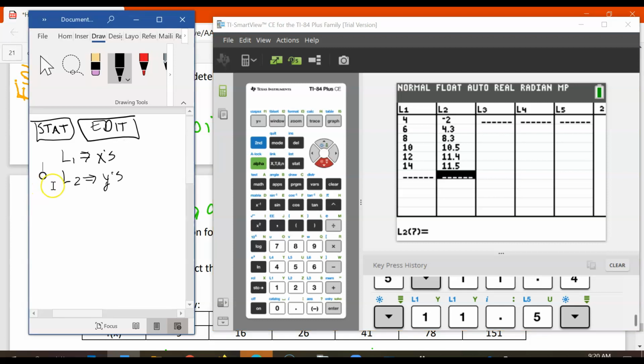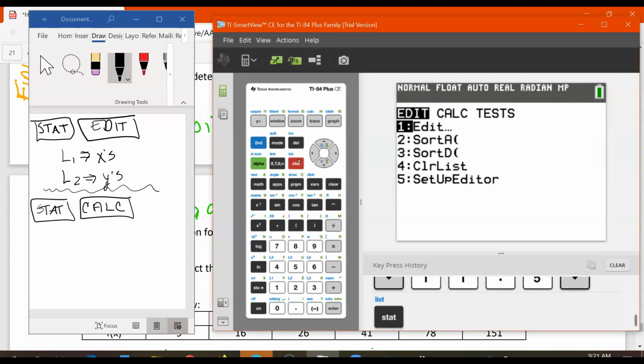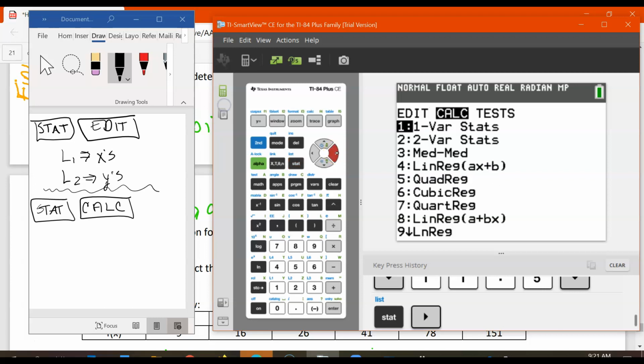So we did that. Oops, squiggly. All right, and now we're going to do Stat, Calc. Stat, and I go down over to calc. And now if you look at that list under stat calc, you can see these are all different types of equations.